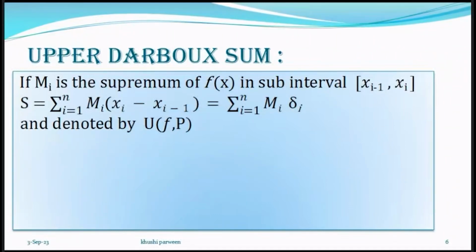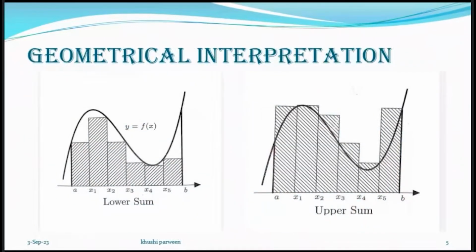Let us look at the geometrical interpretation of this definition. If f is a positive function, then the lower sum L(f, P) can be interpreted as the area of the union of rectangles with base [xi-1, xi] and height mi.